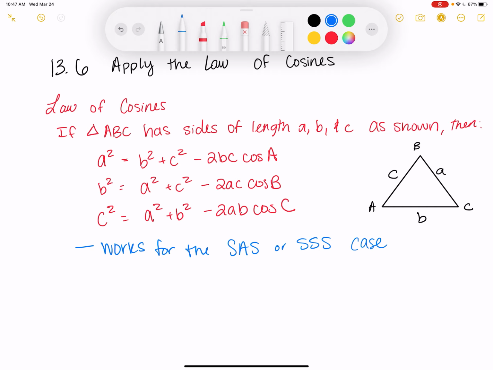So you either have to know all three sides or you have to know one angle and then two sides. I personally think these ones are a lot easier, but anyways, okay.